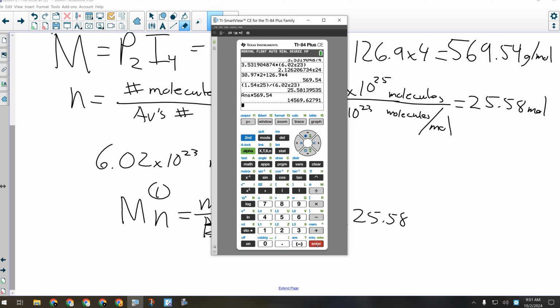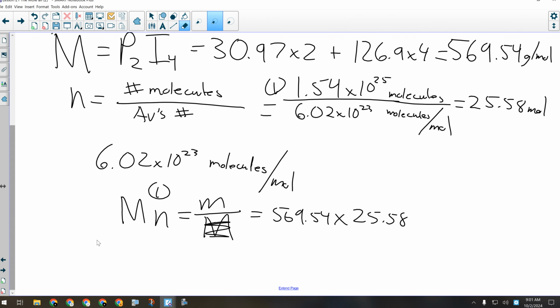Now we said we had a lot. We have 14,569.60 grams. That's 14.5 kilos of that stuff.